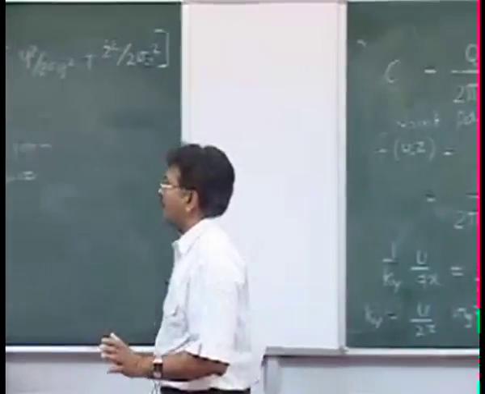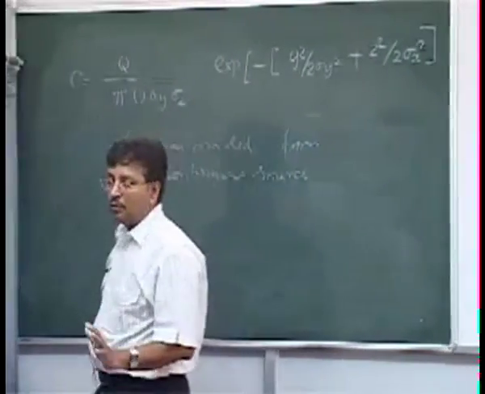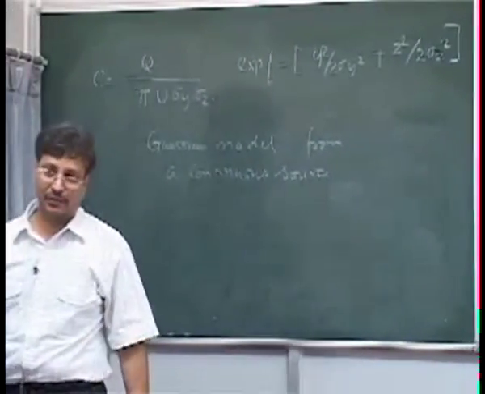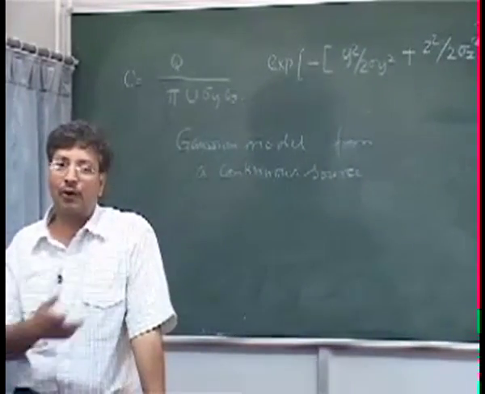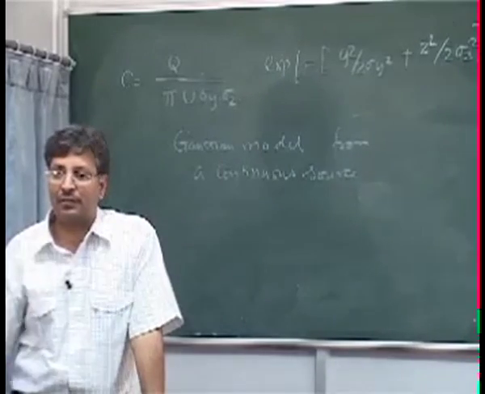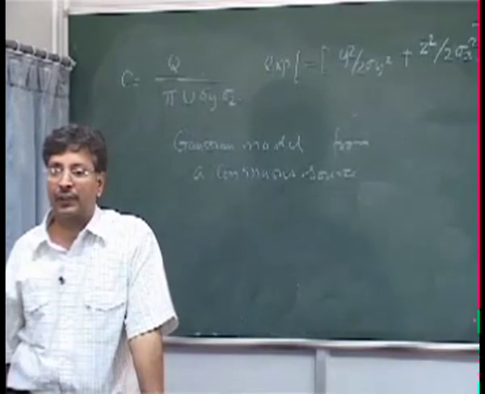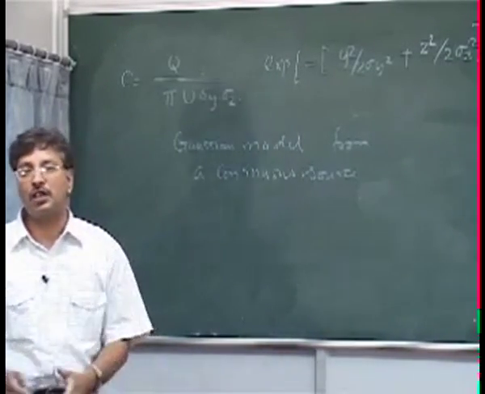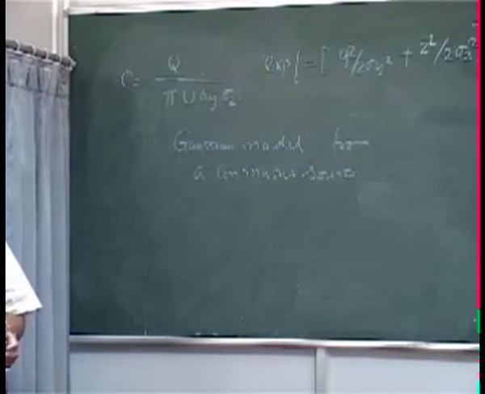Somebody very quickly tell me what will be the units of sigma y and sigma z. Because dimensionally this is an analytical solution, the units must match. Meters, length units, good.